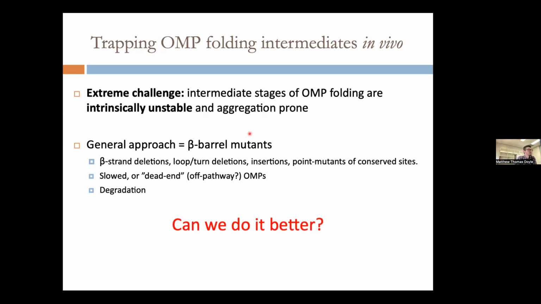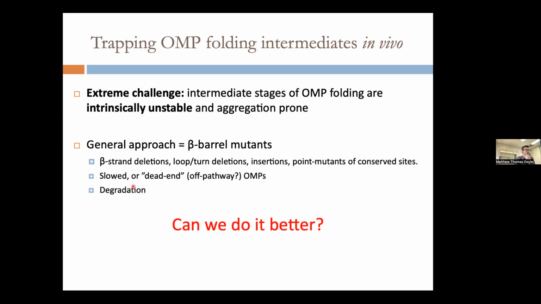What people have done is try to make barrel mutants by making strand deletions, loop and all sorts of other insertions and deletions, and point mutations. And if you're lucky, you can get slowed mutants. It's hard to know whether that is an off-pathway; there's no way of testing that. And often they are degraded because they're recognized by other machinery that tries to alleviate the problem.